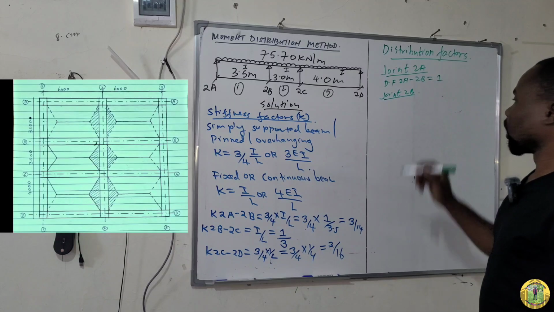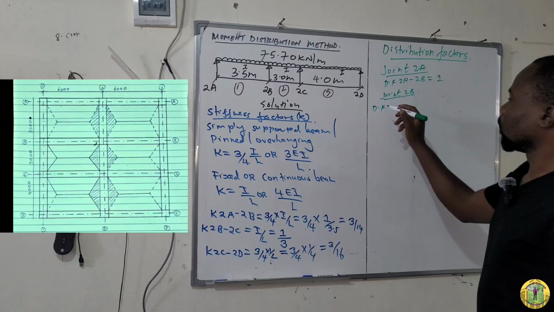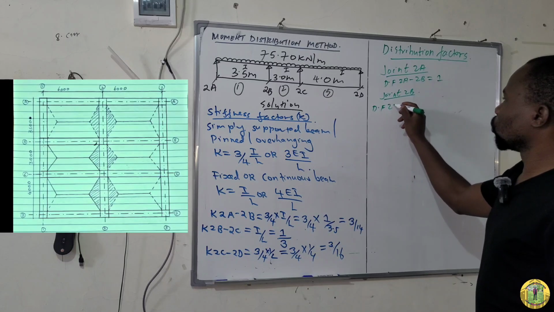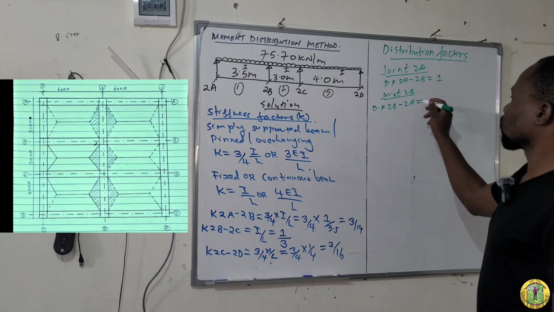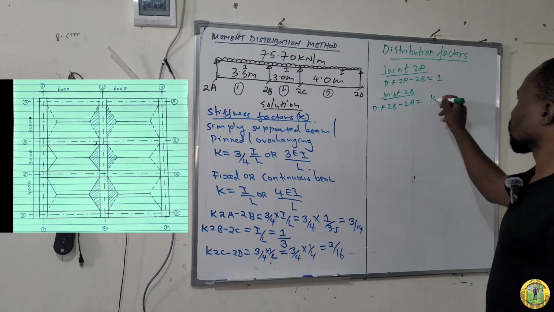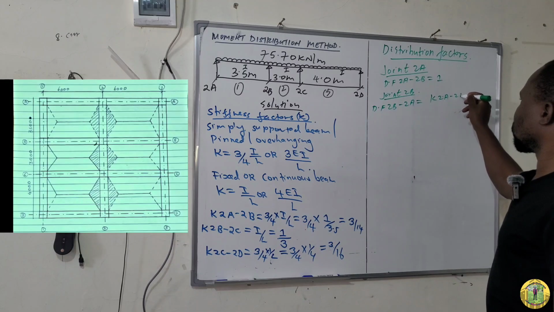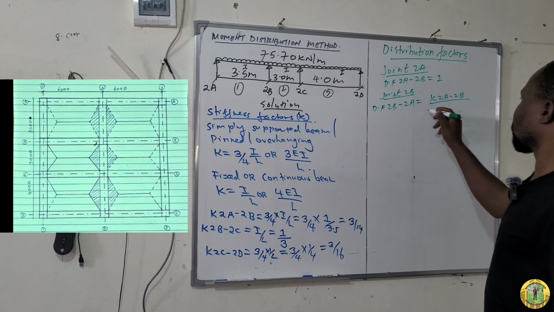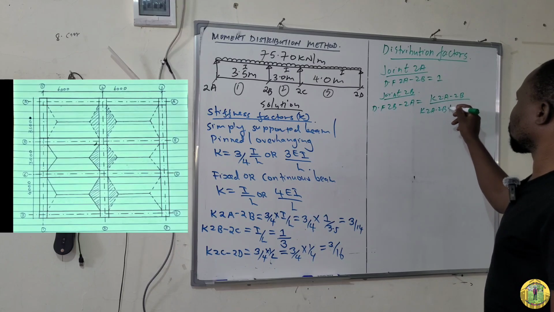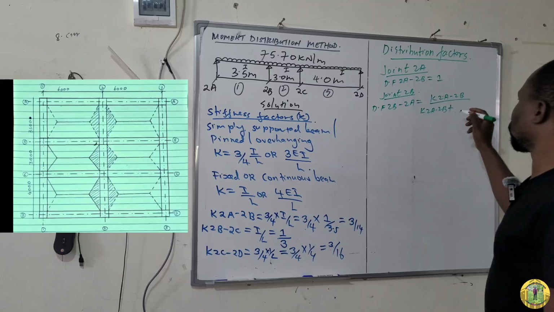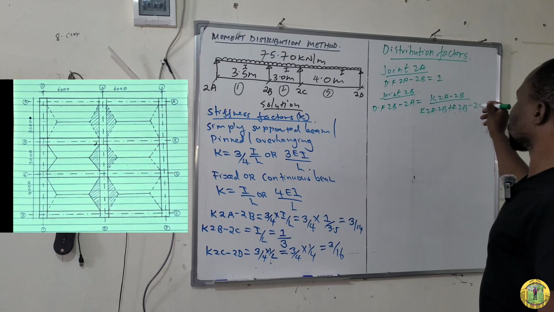For joint 2B, we have DF 2B 2A. So this one is equal to K 2A 2B all over K 2A 2B plus K 2B 2C.